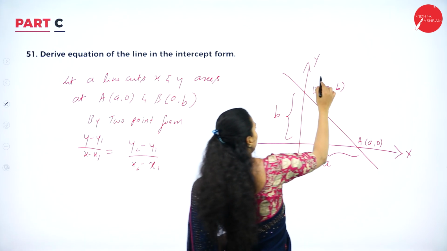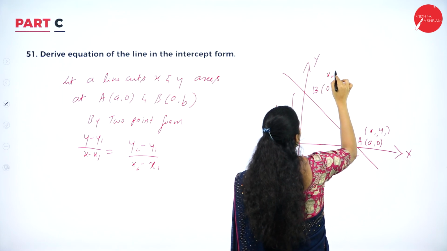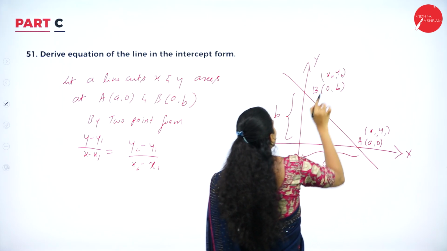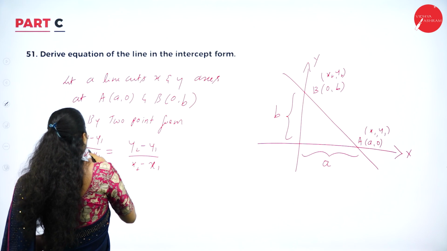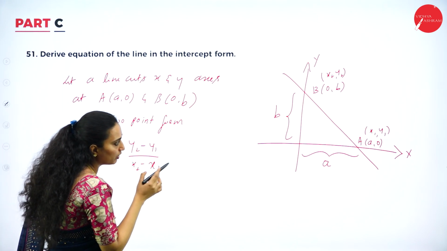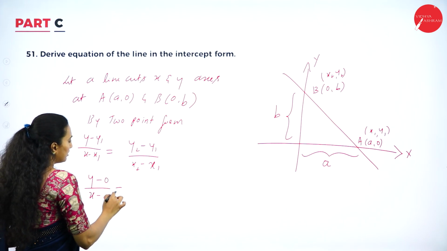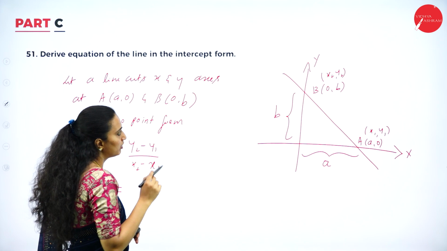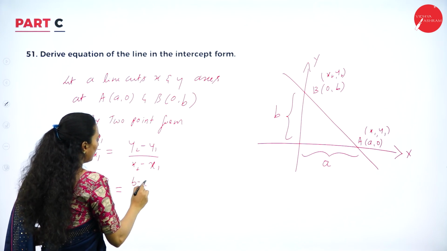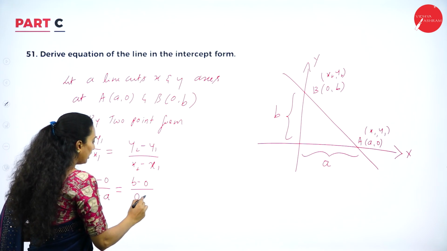This step is very important. Now take this point as x1, y1 and this point as x2, y2. So therefore y minus y1 is y minus 0, divided by x minus x1, which is a, is equal to y2 minus y1, which is b minus 0, divided by x2 minus x1, which is 0 minus a.